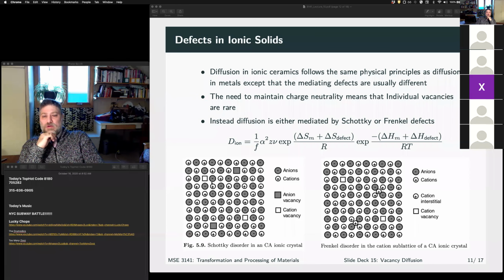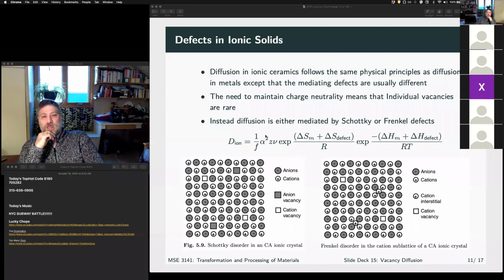So generally you're going to form coupled pairs of vacancies, right? So that locally my charge balance is off, but globally it works out, right?